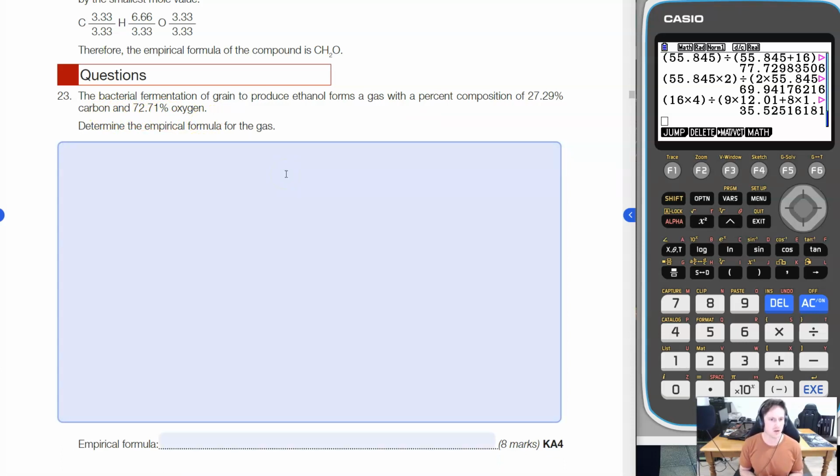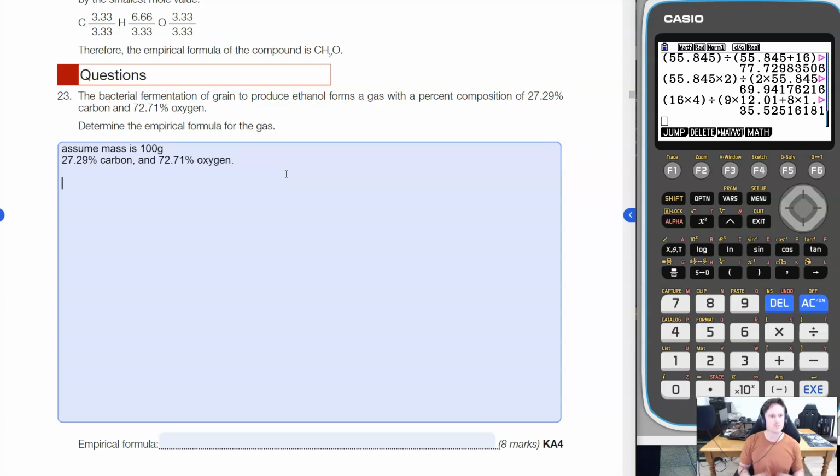Now, for these types of questions where you get given a percentage but you don't get given a mass, we're going to assume mass is 100 grams. Okay, so in 100 grams, you have 27.29% carbon and 72.71% oxygen.